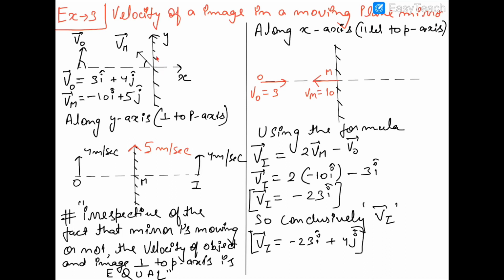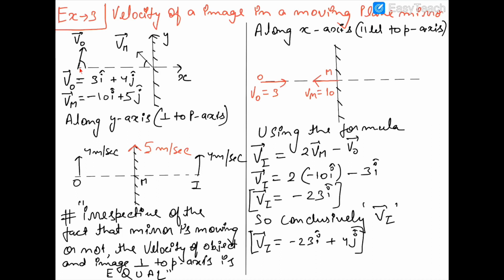Its velocity is Vm, and Vm is equal to minus 10 i cap plus 5 j cap. This is moving in the second quadrant, you can see here. Now this is the y-axis and this is the x-axis. This is the positive x-axis and this is the positive y-axis. So there is an object here.